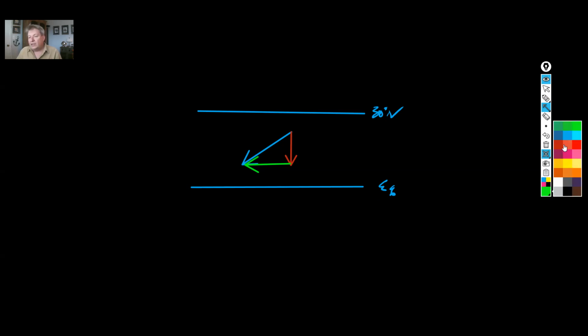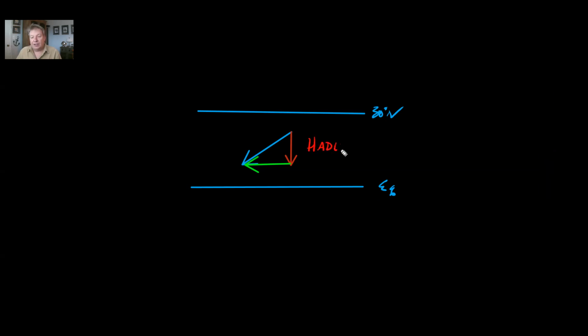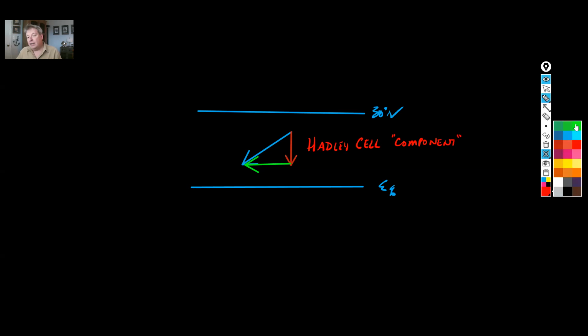Well, what is that component out of the north trying to represent? It's trying to represent the Hadley cell. And I'm going to say the Hadley cell component. Okay? What's the green? That's a zonal wind.